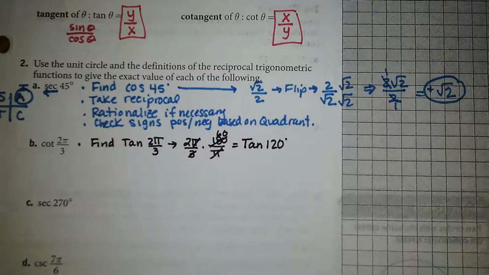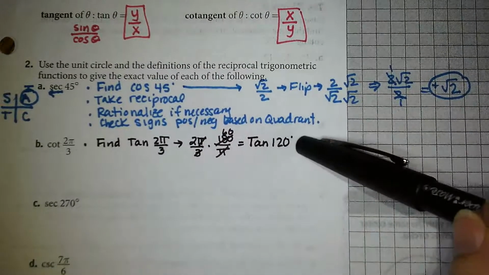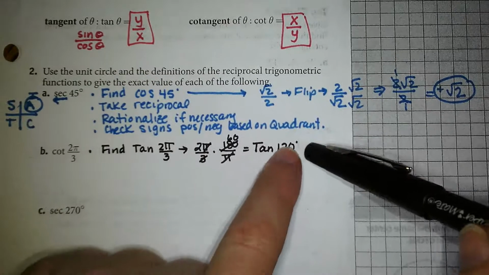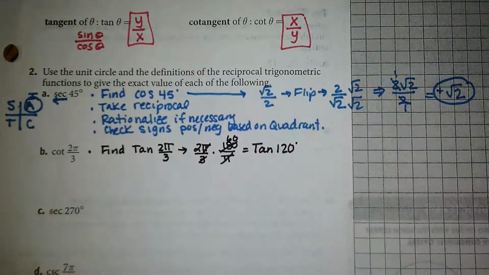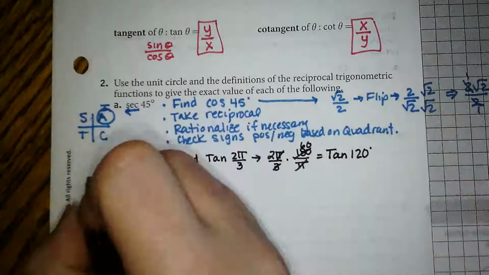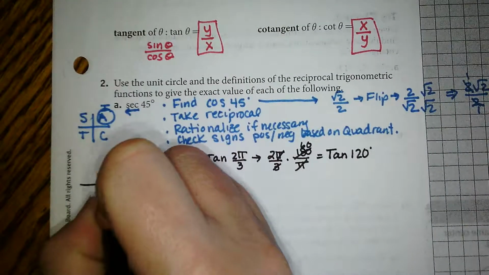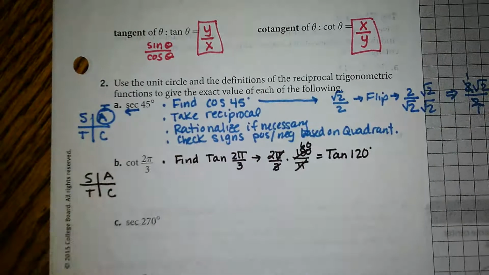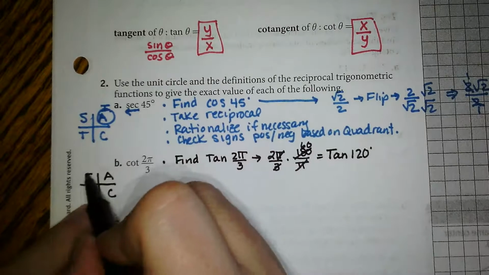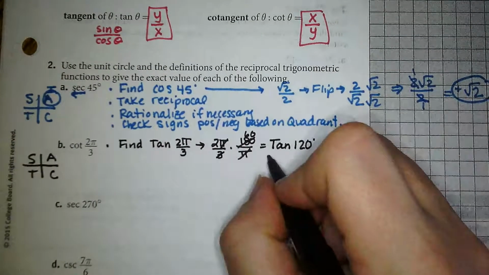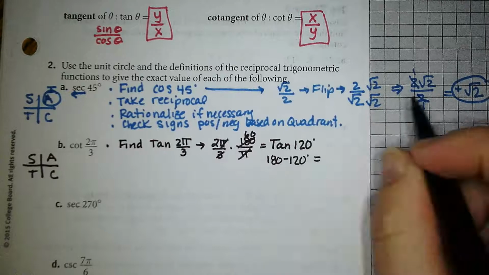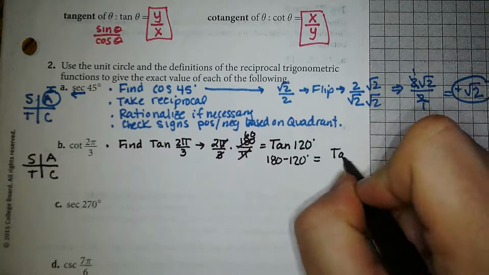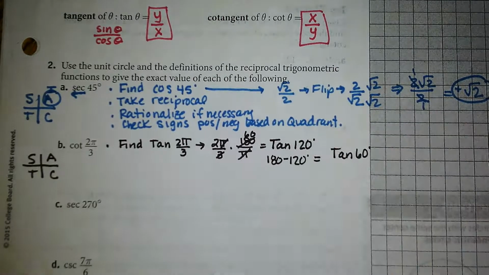Okay, so now this is a quadrant 2 angle. So for quadrant 2, we need to do 180 minus the angle to get our reference. So I want tangent of 60 degrees.